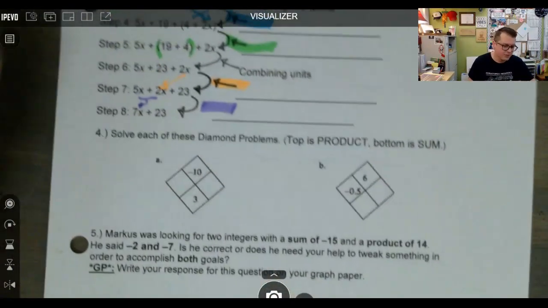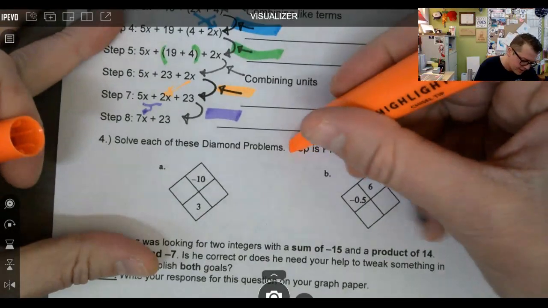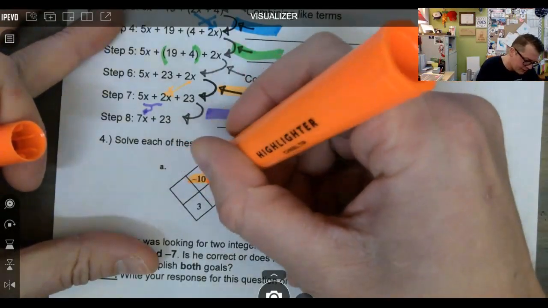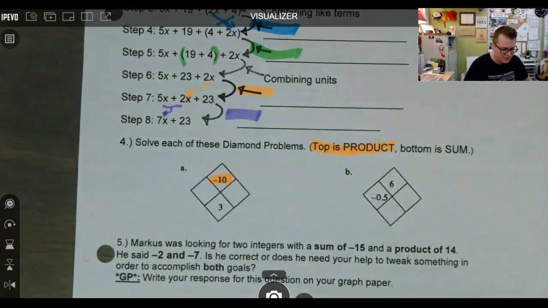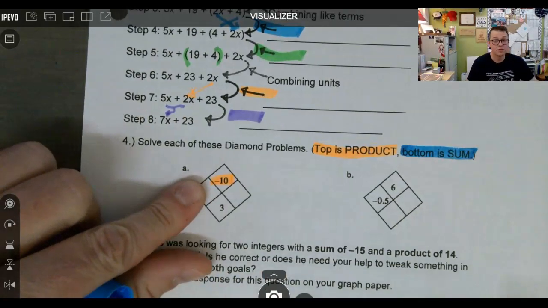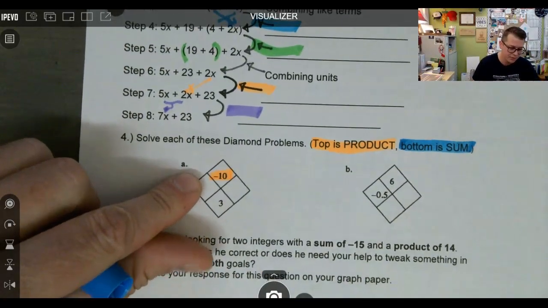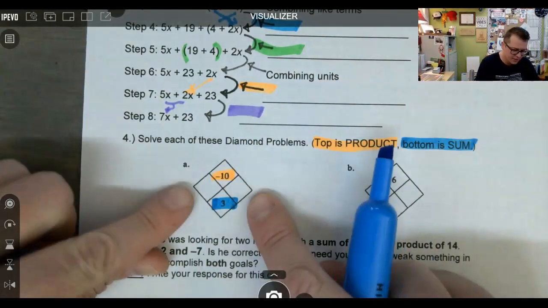Right down here, number 4, some of us are still struggling with these diamond problems, which is all right because this is why we do them. It's good arithmetic practice. The top is the product, meaning it is the solution or the answer to the multiplication of these two numbers on this side. The bottom is the sum, so when we add those numbers together.